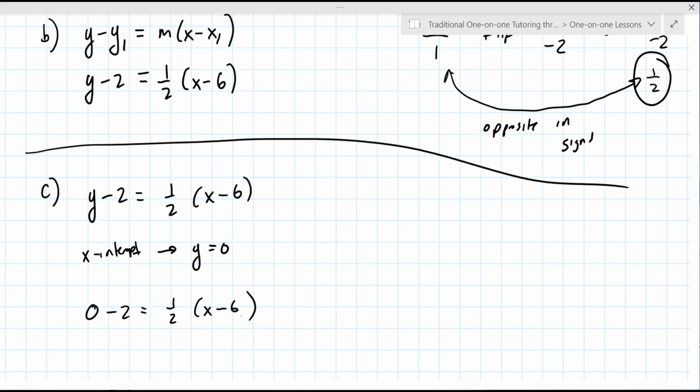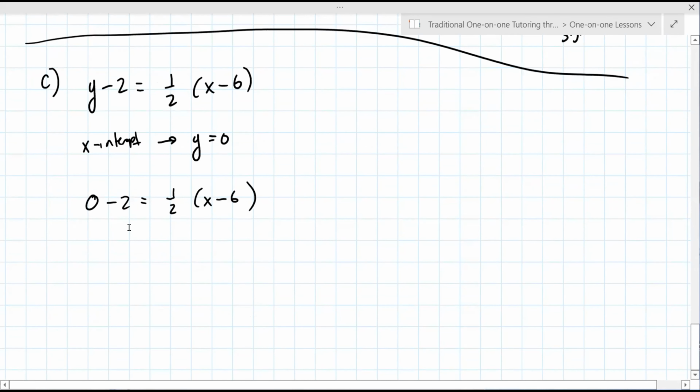Six. Okay, wait. I know this is really simple, but if 1 equals 1/2 x... It's not 1.